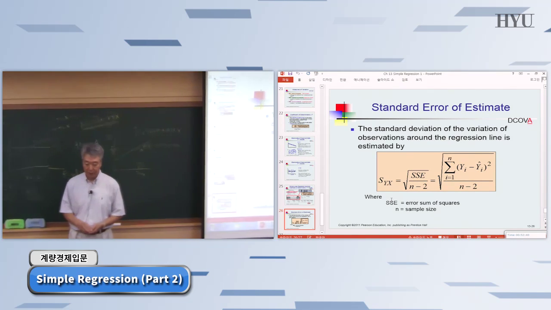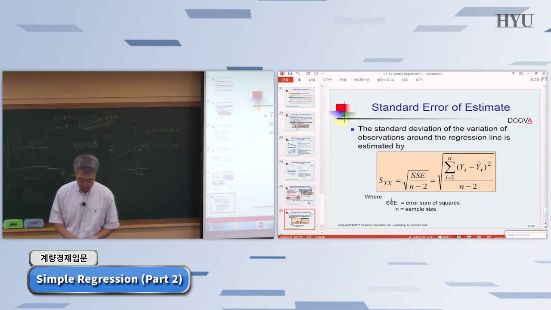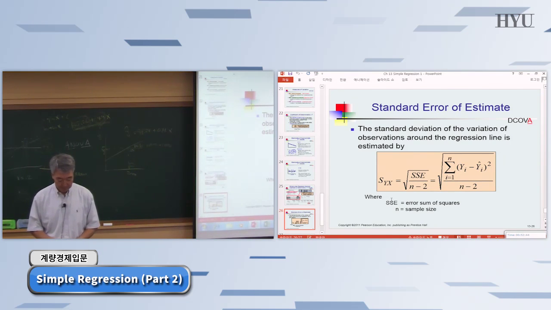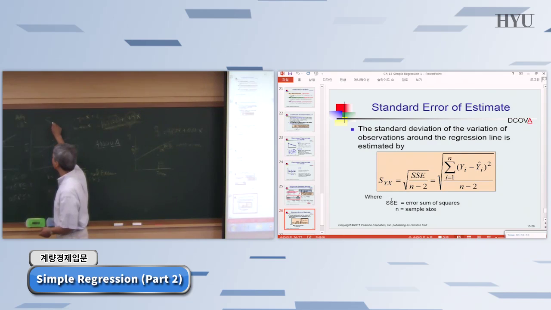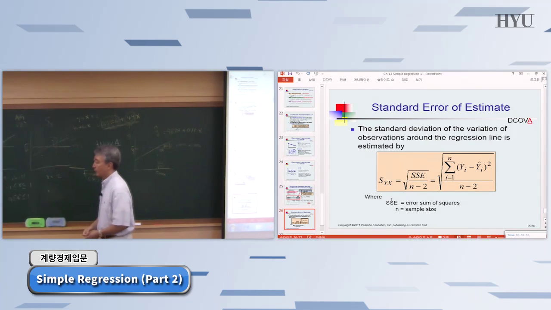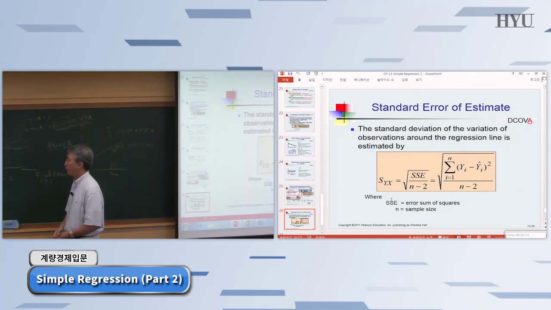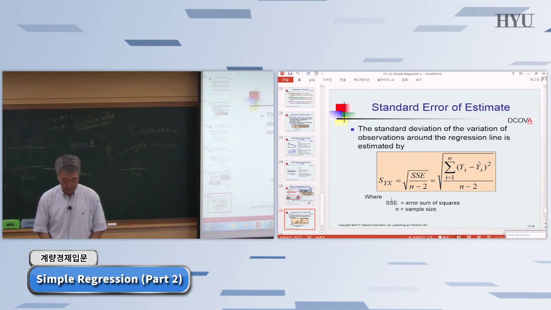But here, standard error of estimate is another measure, right? We use SYX in this textbook. In most other textbooks, they call it S epsilon, standard error of estimate. Okay? And this measures the variation of observations around the regression line.